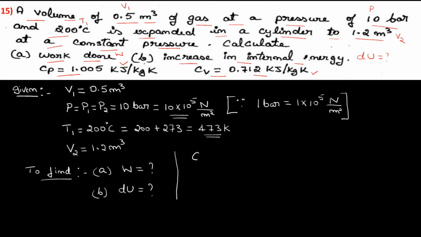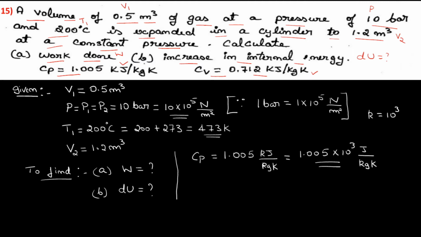Given is Cp, specific heat at constant pressure, that is 1.005 kilojoule per kg Kelvin. That can be written as 1.005 into 10 to the power of 3 joule per kg Kelvin. Here k stands for kilo, that is 10 to the power of 3. Always remember, kilo is nothing but a number.